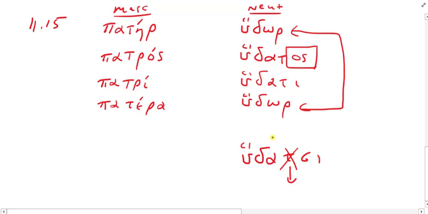Page 96. Vocabulary. Repeat after me. Adelphos. So that's a brother. Okay, now, this little particle is an, so I guess you can say it, an. And it's used to make something contingent. That is to say, you could add the notion of ever, so like if you had tis an, it would be whoever.